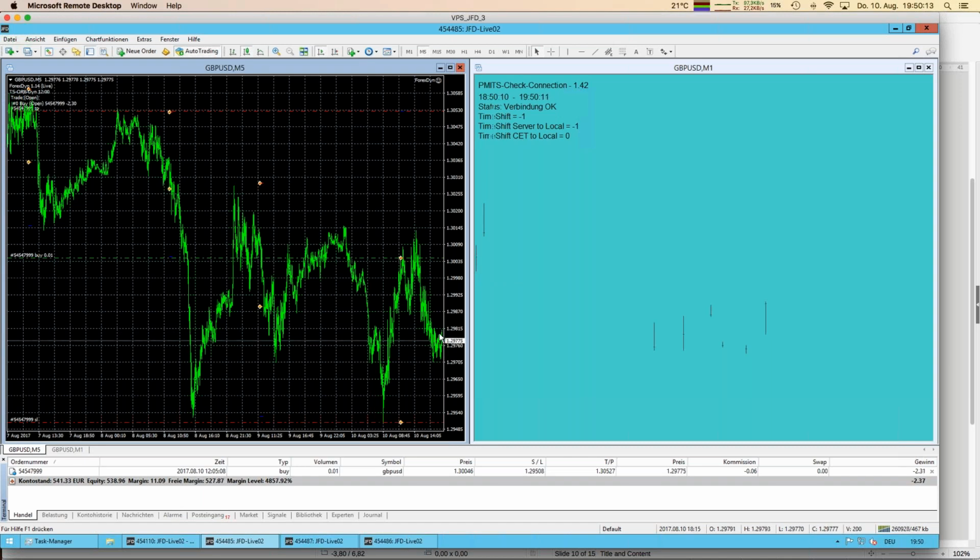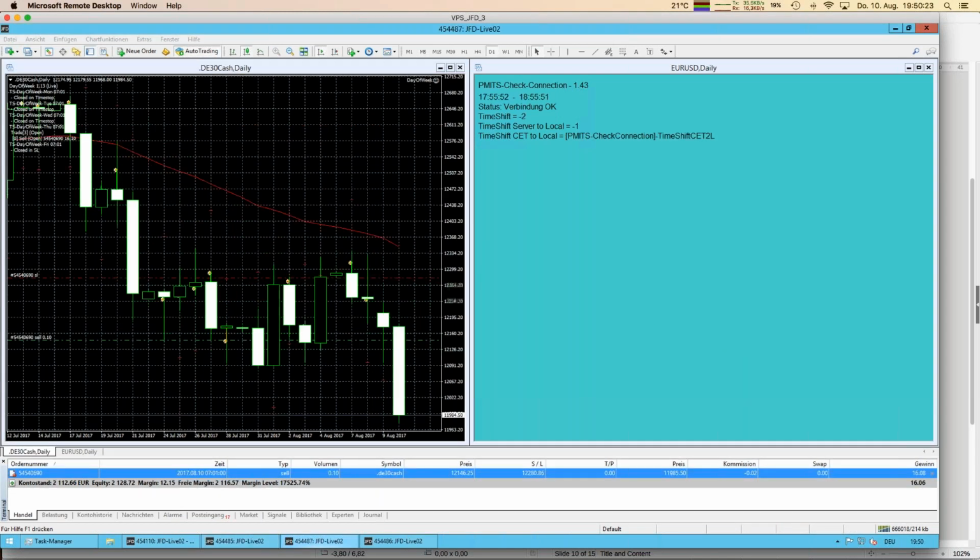Okay, it can happen. As always, we never will have a sequence of only winning trades in a row. Next to it here is, by the way, the DAX day of week seasonal. So already 6-7% plus now, with today's trade. It looks quite nice.